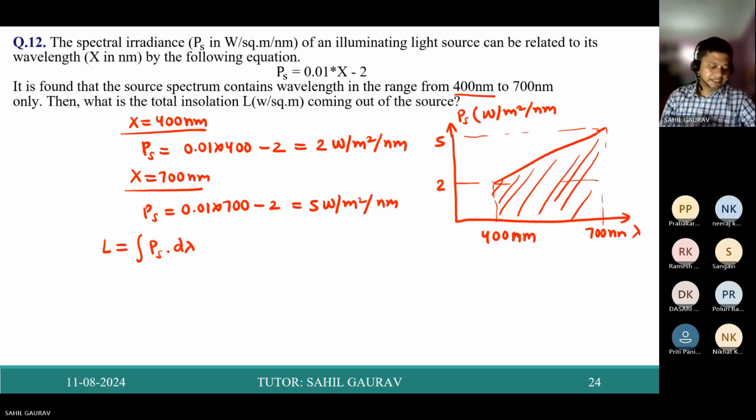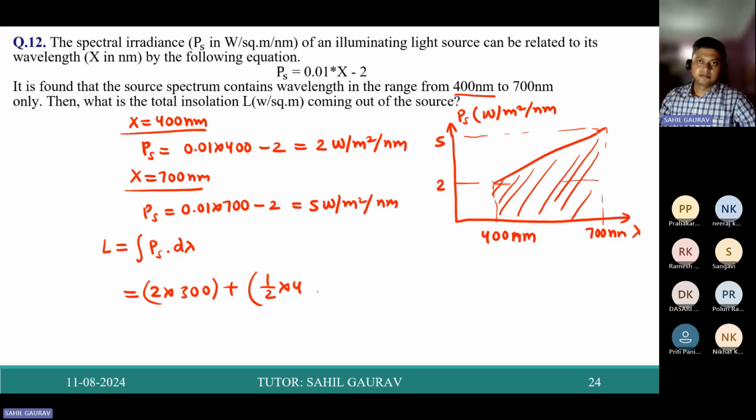First we can find the area of the rectangle, which is 2 into 300, plus the top triangle, half into base into height. Base is 300, height is 3. So it is coming as 1050 watt per meter square. This is the answer.